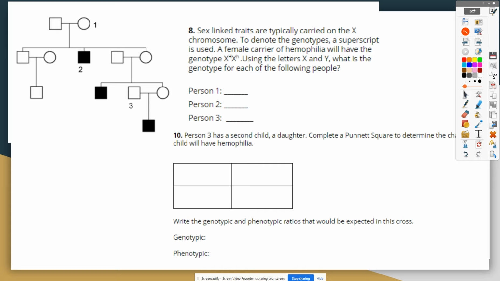Go to case study 3, question 8, about hemophilia.